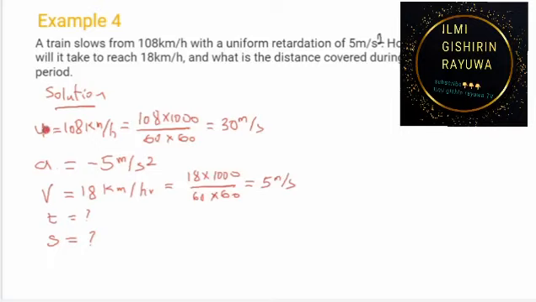Because we have U, we have A, we have V, and we have T, we're going to use V equals U plus AT to get our time. So V is 5 equals U is 30 plus A is negative 5 times T that we're looking for.